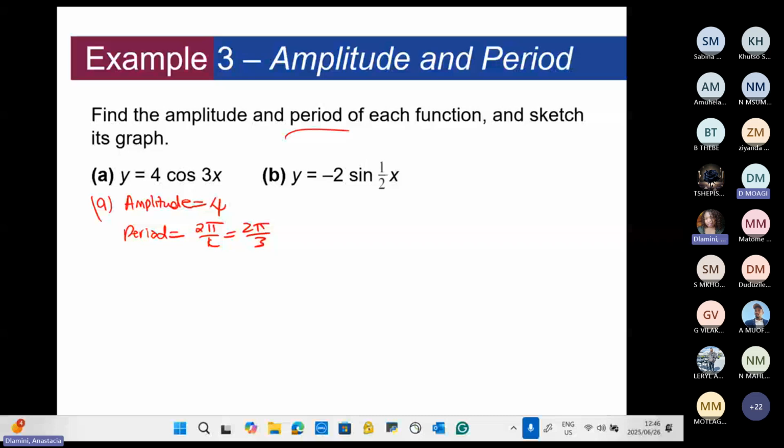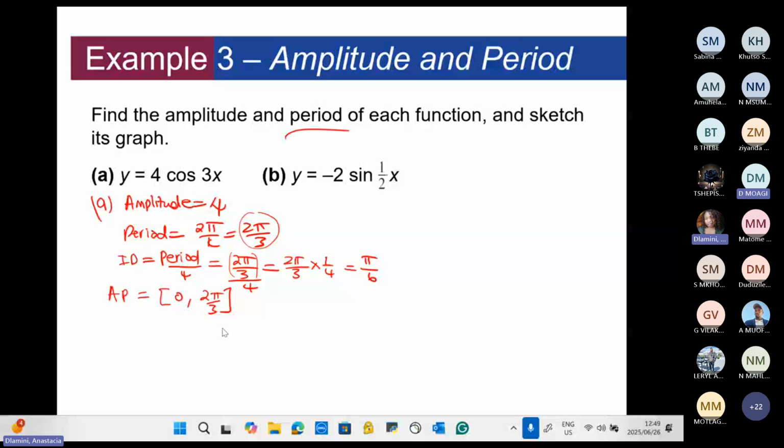No, we got this one here. 2 pi over 3. That's where we start for one complete period. So let's start from 0. It starts from 0 to 2 pi over 3. Which steps are we using? We're using pi over 6.